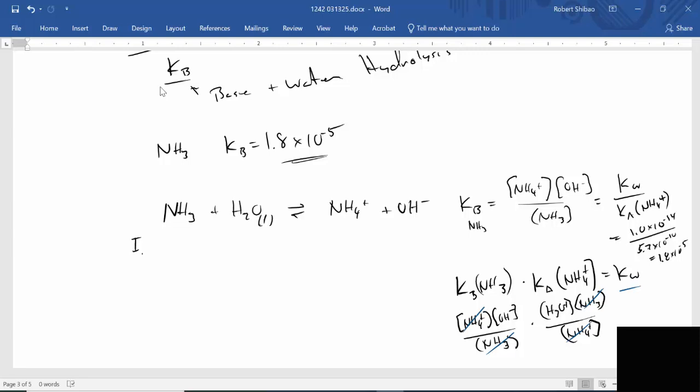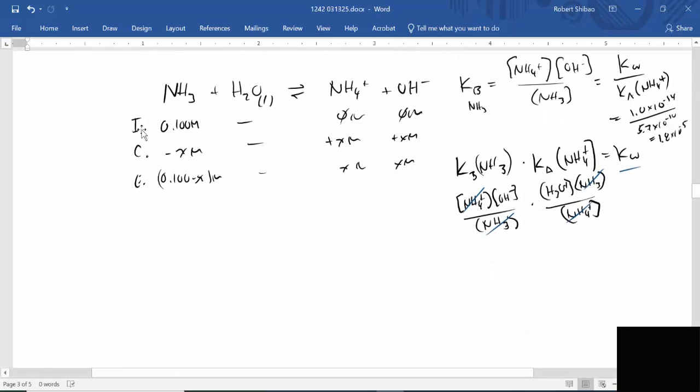And so what we'll do is, let's start off with 0.100 molar. 0.100 molar is just your standard molarity for these. And this is going to be minus x molar, plus x molar, plus x molar here. And then at equilibrium, I'm going to have 0.100 minus x molar, and x molar. So we're going to solve for x here. Kb is going to equal x squared over 0.100 minus x.